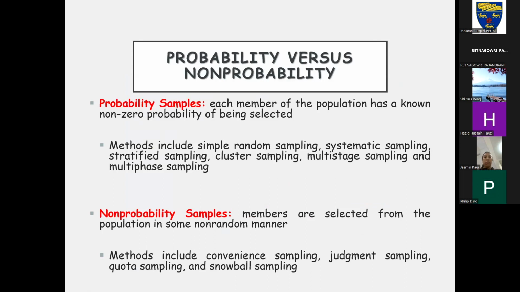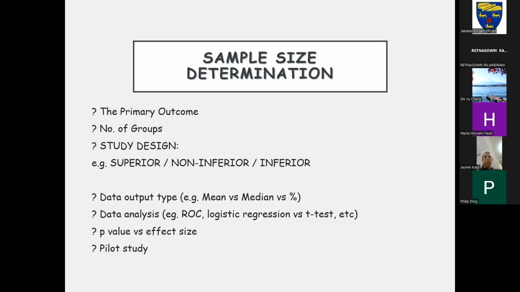And they report numbers. Okay, I'm not going to go into this whole probability sampling and non-probability sampling, but this is basically saying that you either randomly collect samples or systematically collect samples. Okay?